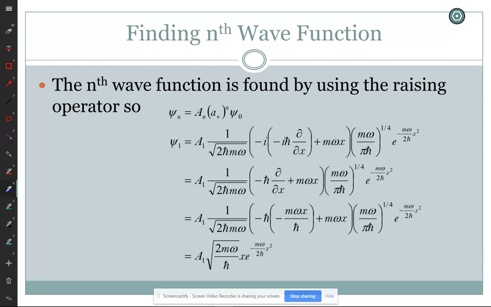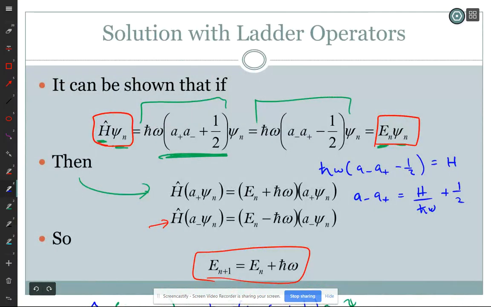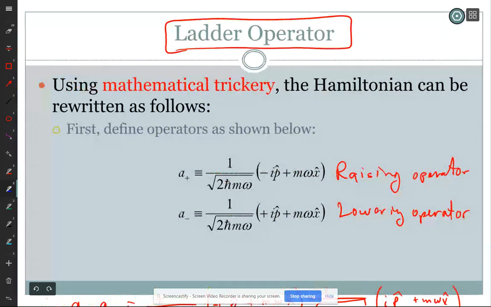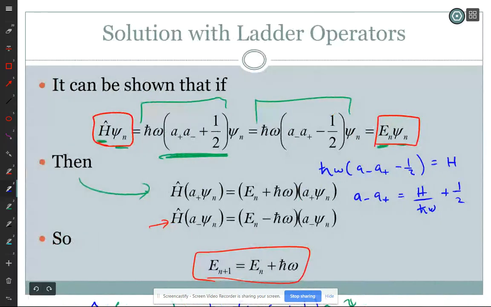Just because you raised it doesn't mean it stays normalized. Remember when we had our relationship that said that A plus, where was it? Oh, I know, it was in the if statement. No? Yeah, it's in the then statement. This right here.